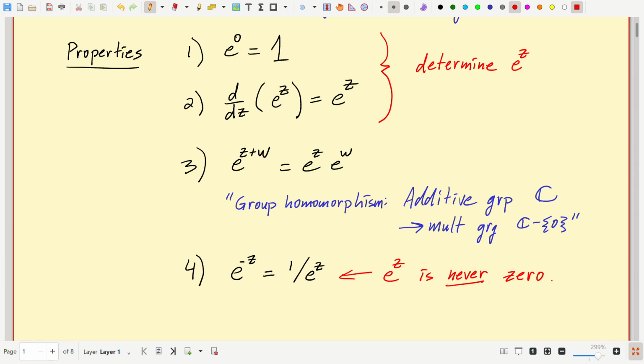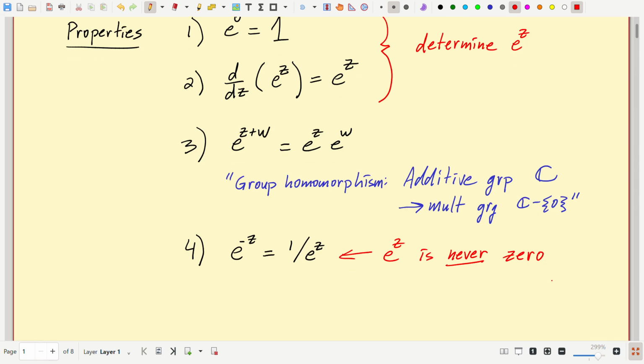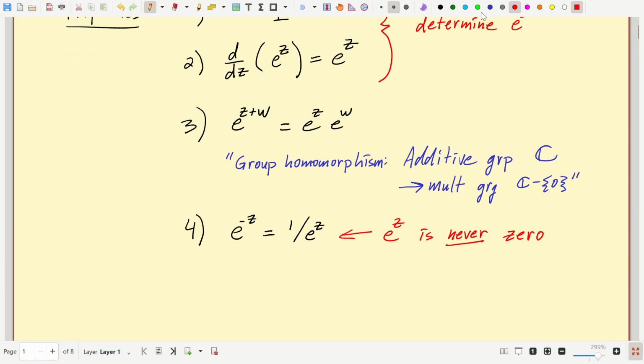That's nice to know. And in fact, you can see number 4 by taking number 3 and doing e to the z plus minus z. That would be e to the 0 by number 3, and e to the 0 is 1.